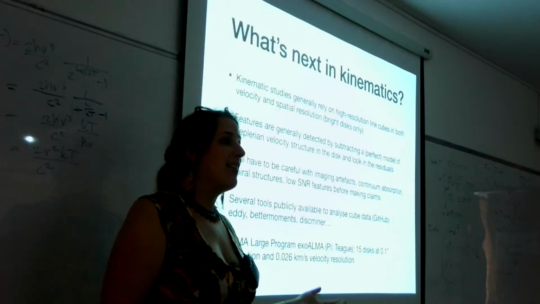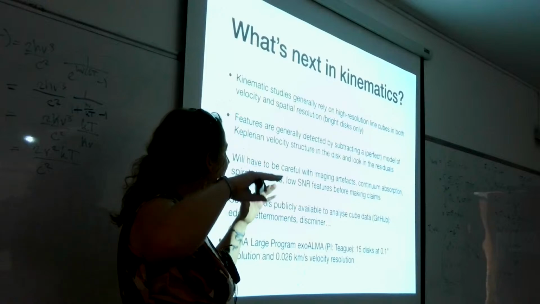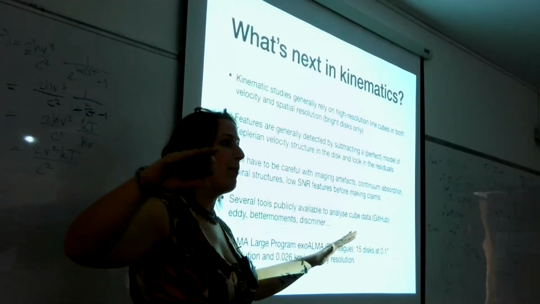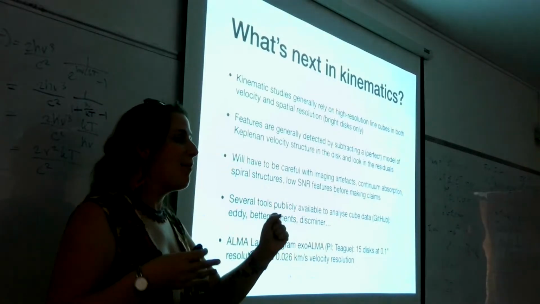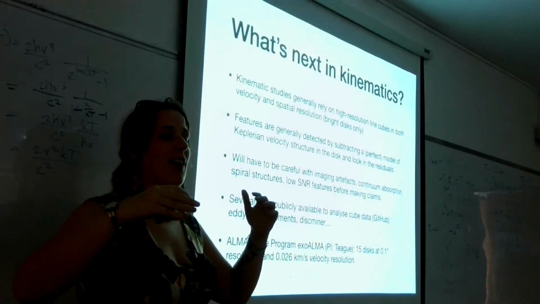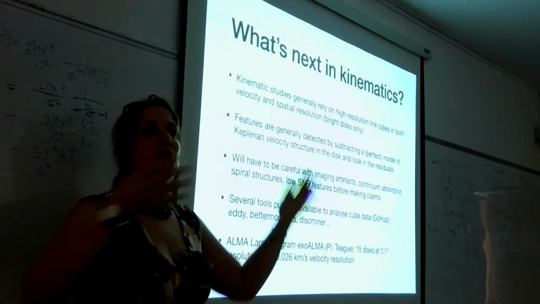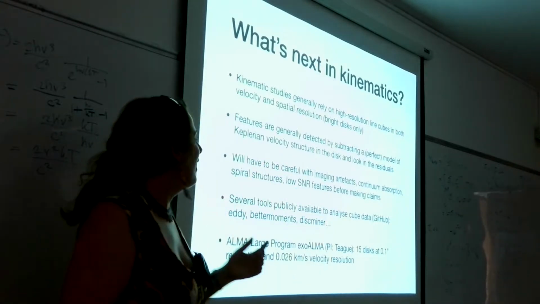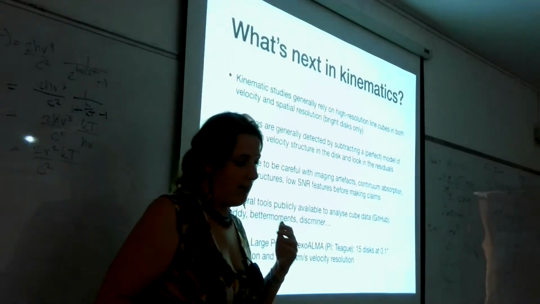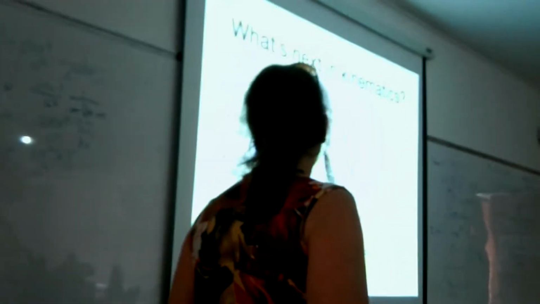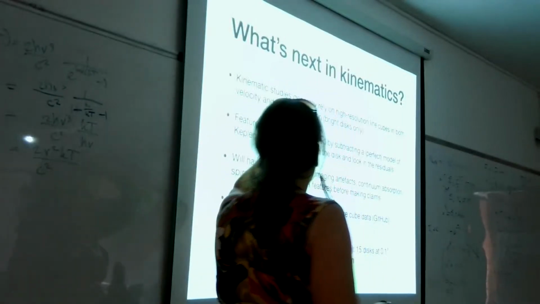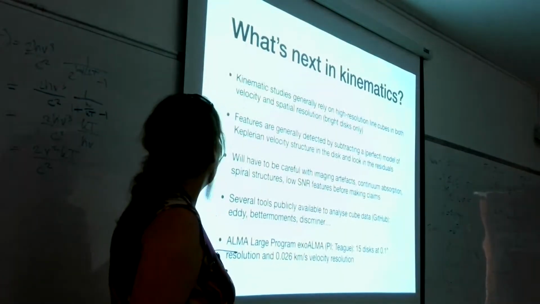Features are generally detected by subtracting a model of Keplerian motion. That means you must have a really good idea of the stellar mass, inclination, etc., in order to subtract that model. Otherwise, you will always get residuals. You have to constrain your disk structure perfectly, subtract it, and then see what your residuals are.